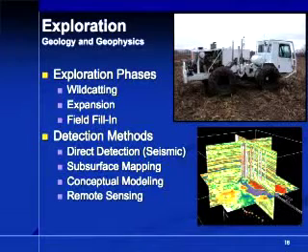Detection methods can be direct detection, like a seismic method. The truck on the top actually has a thumping mechanism which thumps on the ground, and it has recorders behind it. This is kind of the same thing but in the water, where you have a seismic source that sends sound through the rock and it bounces back and collects on the hydrophones.